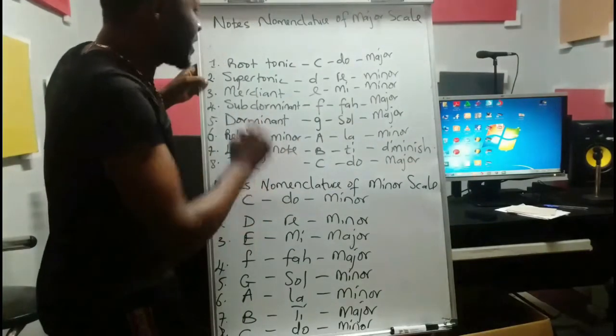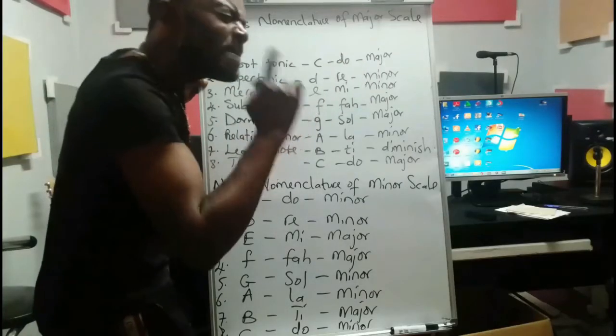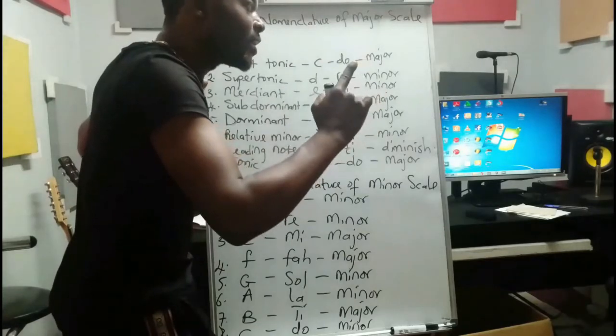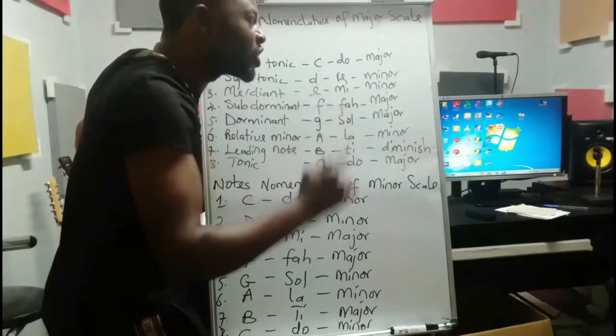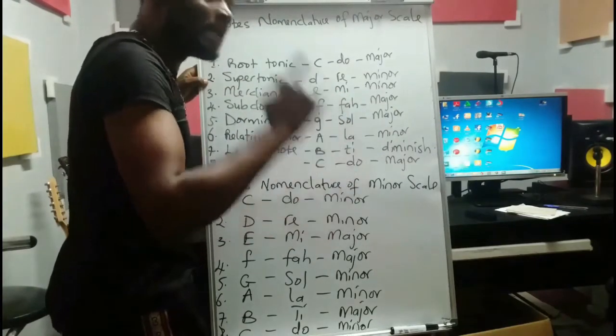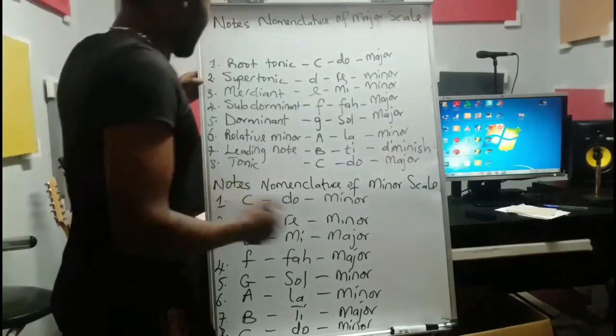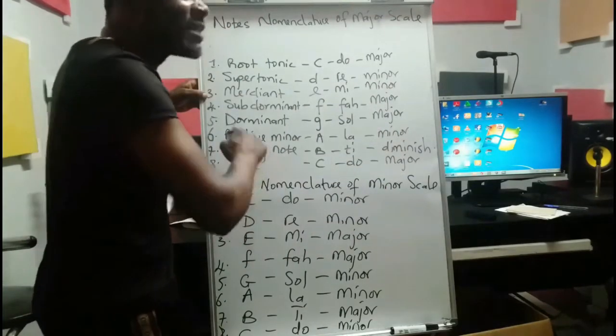The second is the supertonic, another name is D, another name is re, and in the major scale, or in a major key, the second, which is the supertonic, is a minor chord, not a minor note, a minor chord.